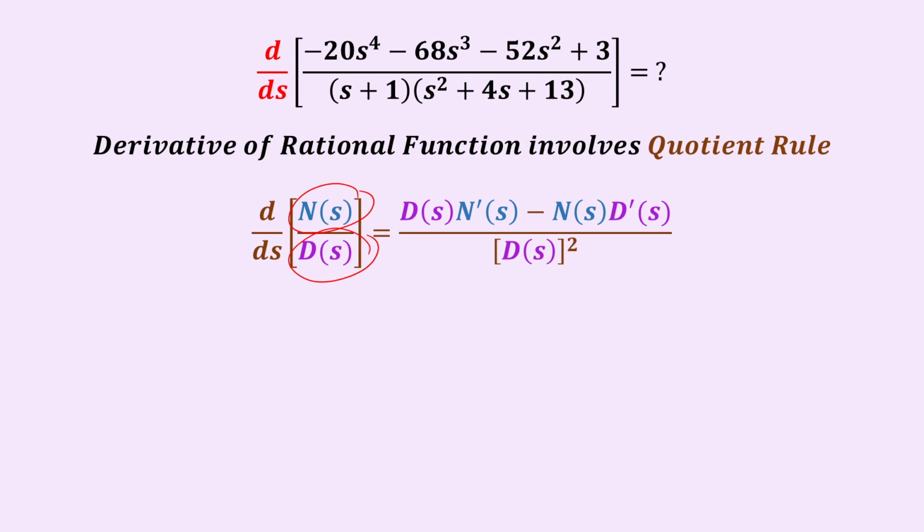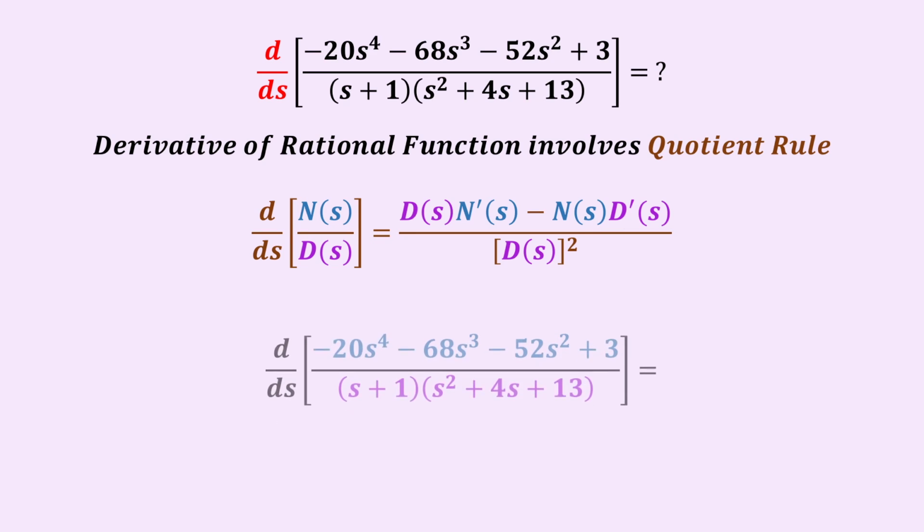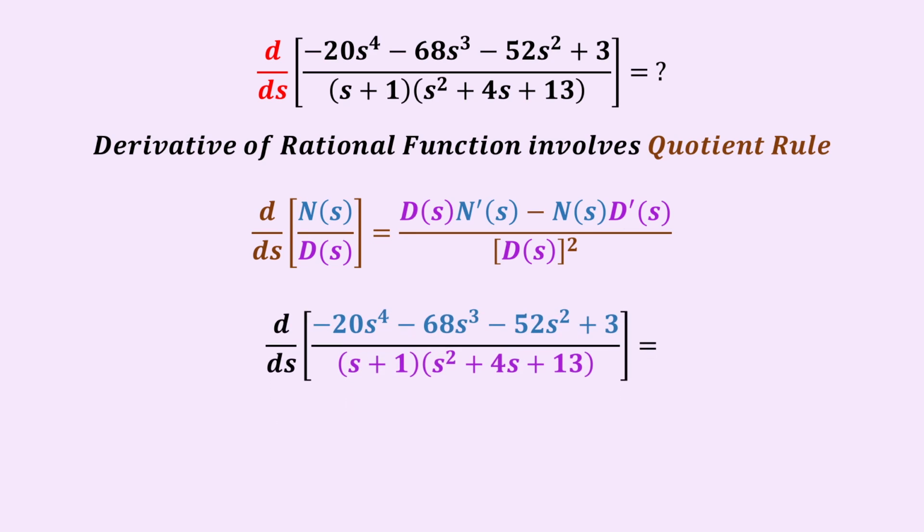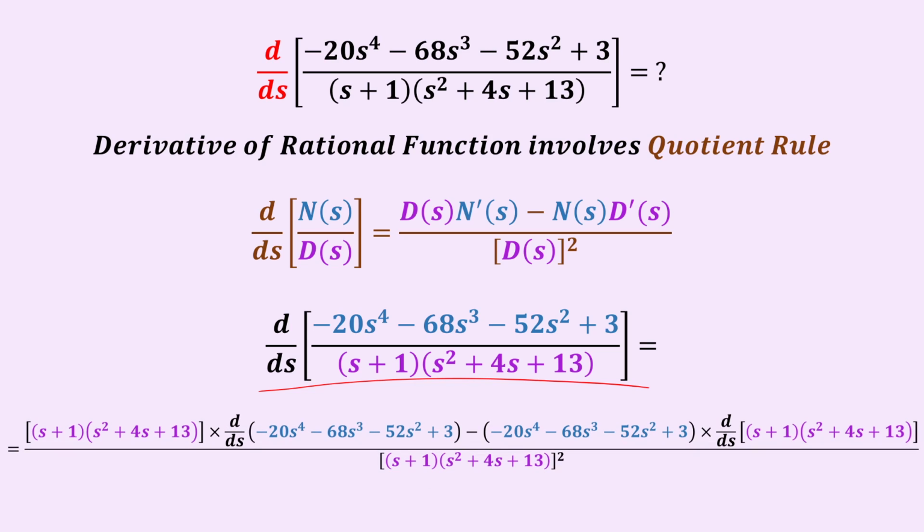So according to the quotient rule, the resultant will have the denominator as the square of the denominator polynomial, and in the numerator, the denominator polynomial into the derivative of the numerator polynomial minus the numerator polynomial into the derivative of the denominator polynomial. So according to the quotient rule, we will now solve this differential. So this derivative will become equal to this equation.